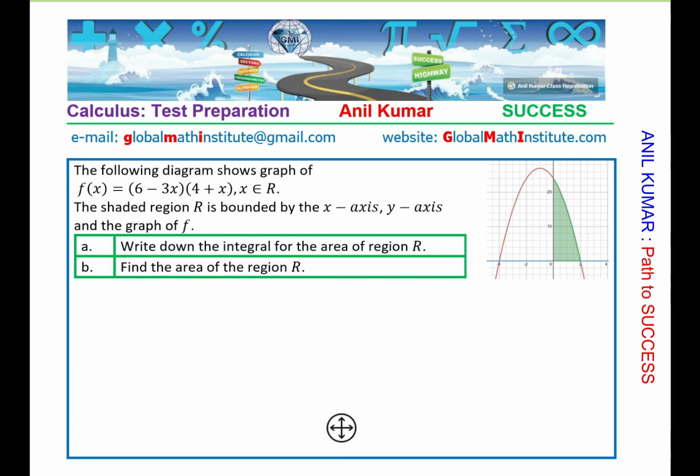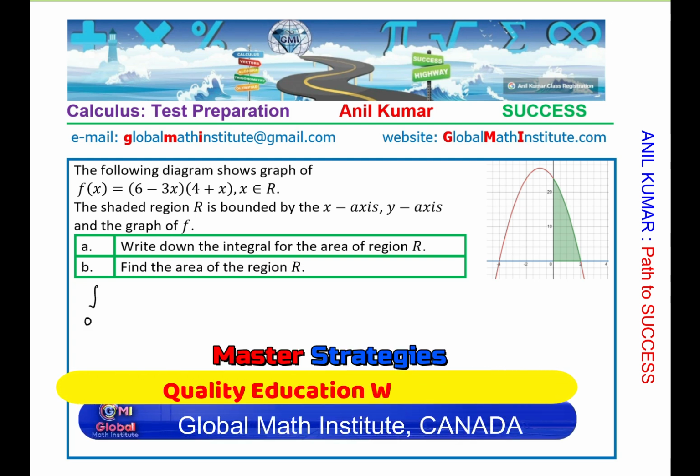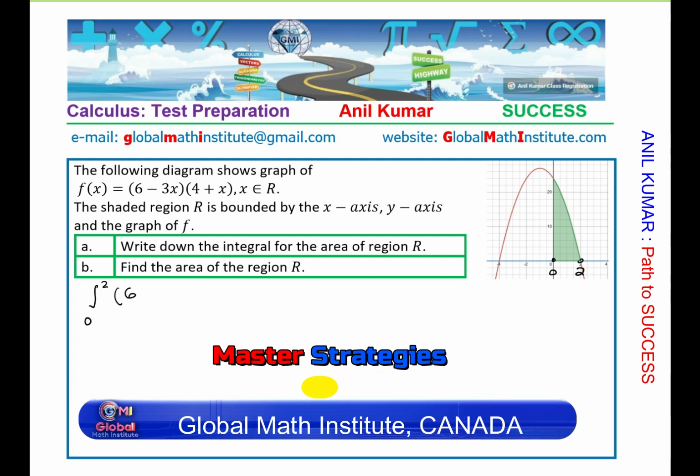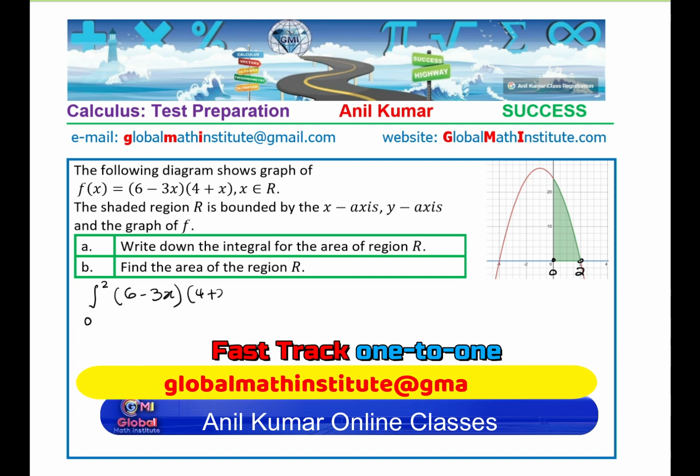Now let's calculate. The area is between 0 and 2. We know this is 0 and this is 2, and the function is (6 - 3x)(4 + x) dx. So let's expand from 0 to 2.